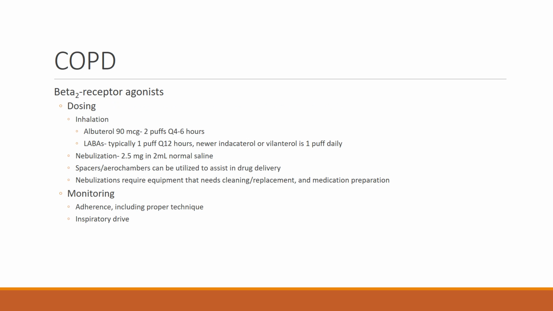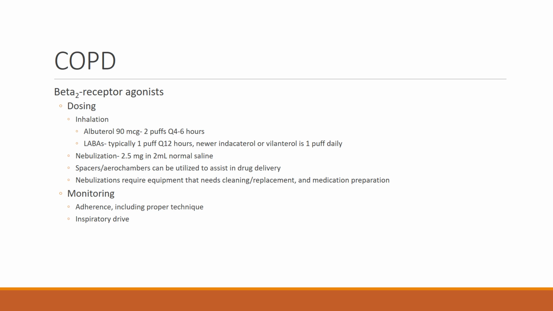The dosing is going to be a little bit different just in how it's provided for patients. The albuterol is the same, 2 puffs every 4 to 6 hours, and it's certainly an acceptable option in the lower stage of COPD. You can use the long-acting beta agonists, 1 puff every 12 hours.